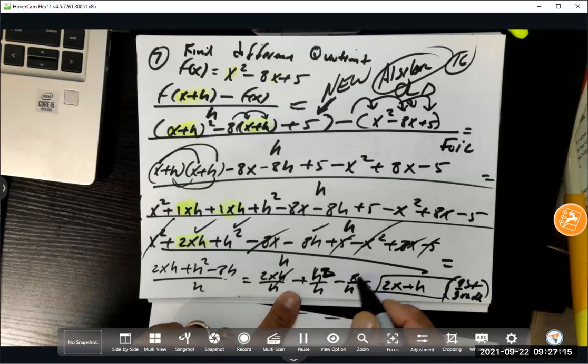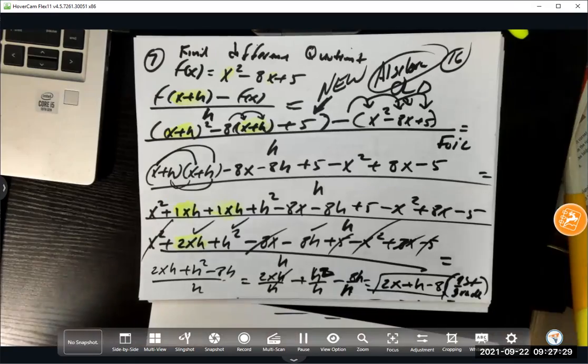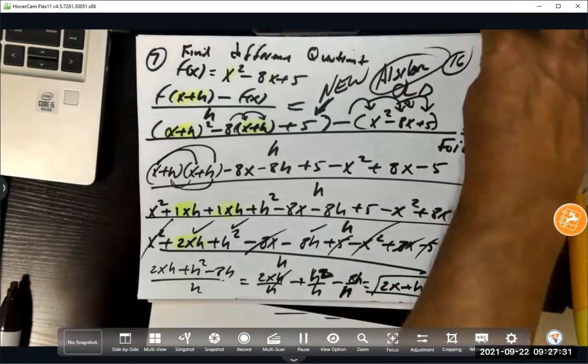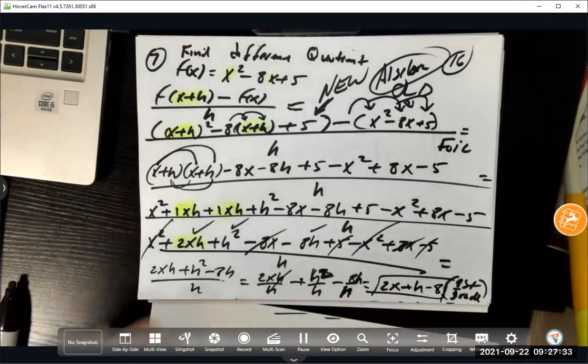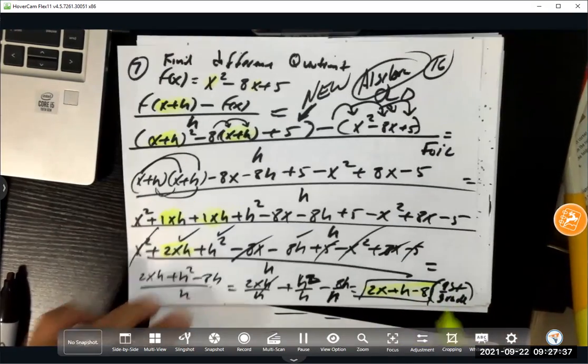And then the last one, 8h over h, what about 8h over h? Can the h's go away? Yes. What's left over? It's just minus the 8? Yeah, minus 8 only. Finally, after all this long torture, oh man, we ended up with this answer right here.